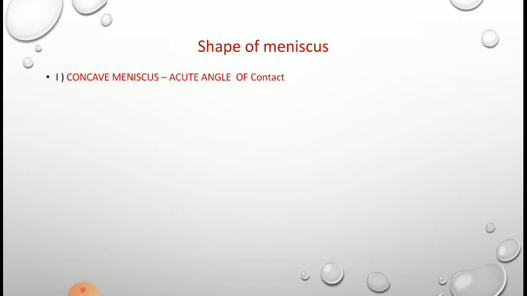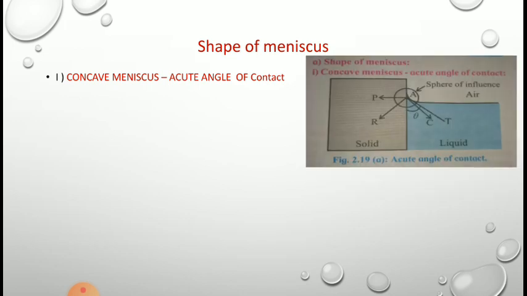The first case is concave meniscus, where there is an acute angle of contact. As shown in this figure 2.19a, the acute angle of contact between a liquid surface, for example kerosene, in a glass bottle. We consider a molecule such as A, capital A, on the surface of the liquid near the wall of the container.